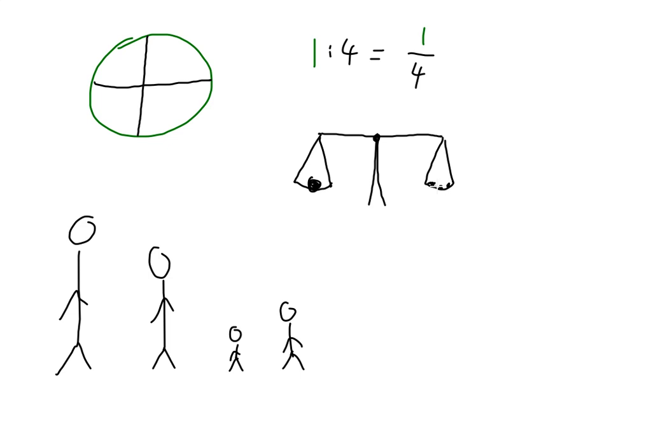Maybe on the right-hand side you have more pieces, and here you have just 1 piece, but it's the same, okay? Here you have 1 piece, and here you have, for example, 4 pieces, but these have to be 1/4 of the size of this one, else there won't be a balance.